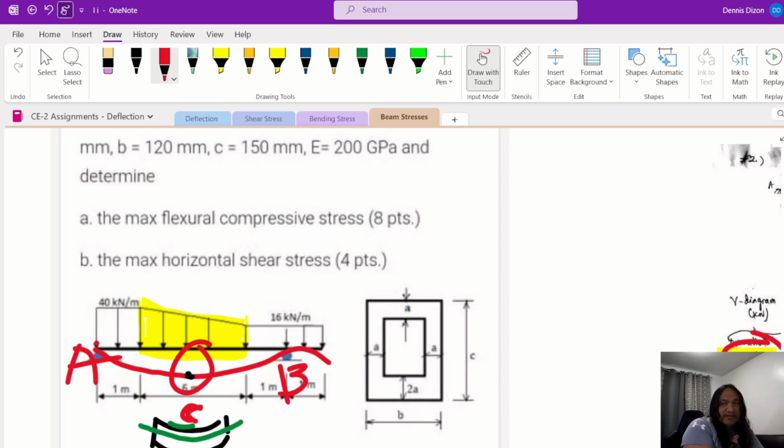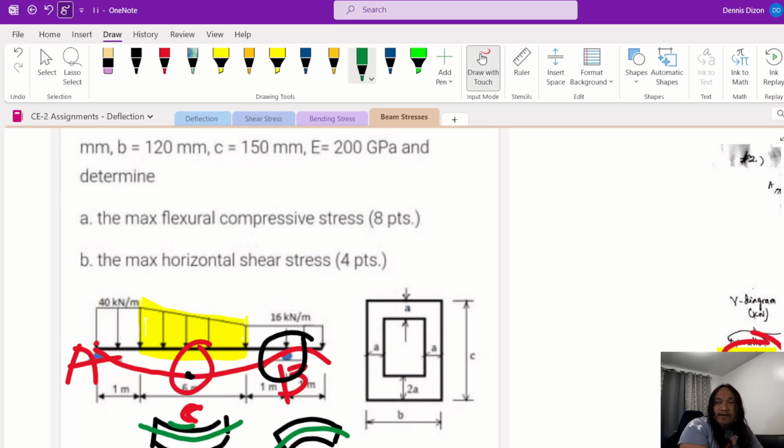But the problem is we have a cantilever, at this section of the beam, our elastic curve, let's exaggerate the deflection, the curvature, would look like that one. So again, in this case, this is negative bending.